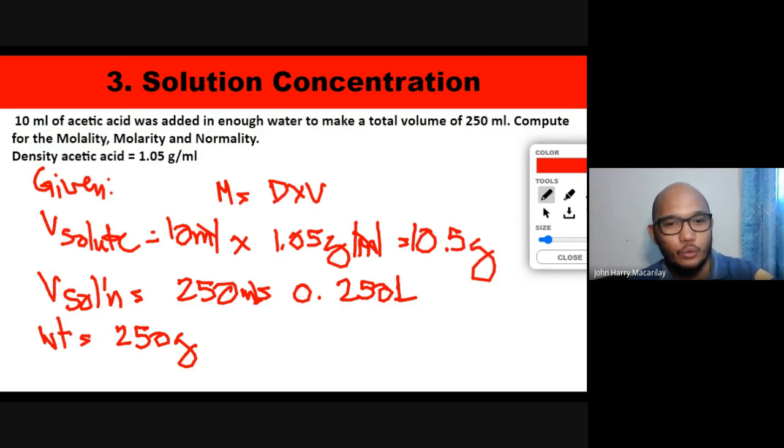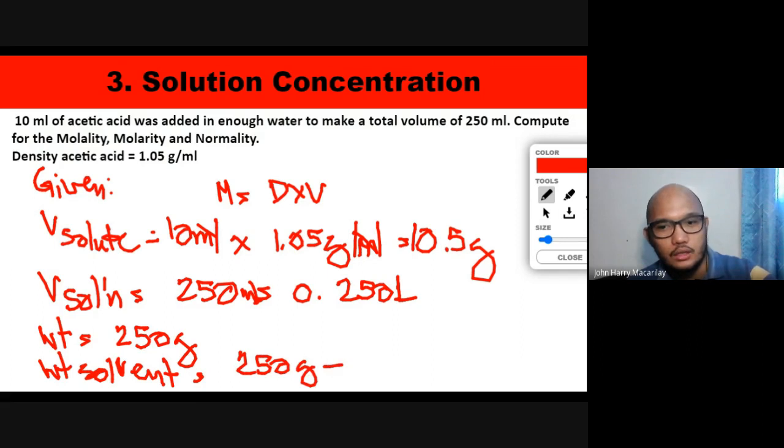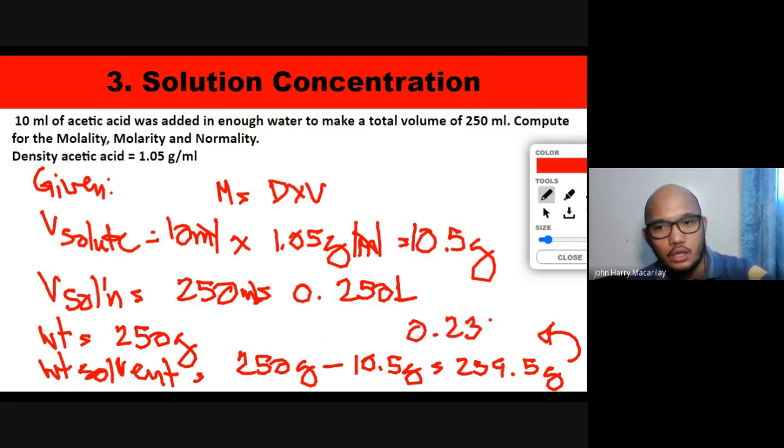To determine the weight of the solvent, we have to subtract 250 grams minus 10.5 grams. The answer is 239.5 grams. It is equivalent to how many kilograms? 0.2395 kilograms.